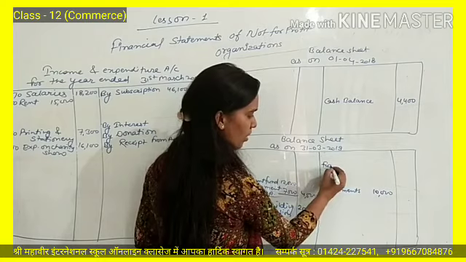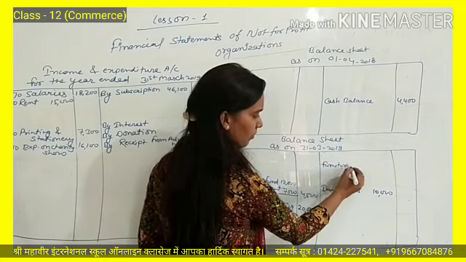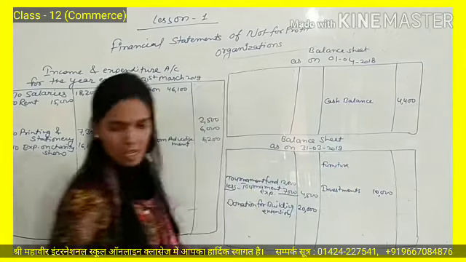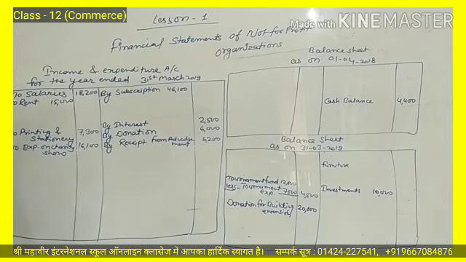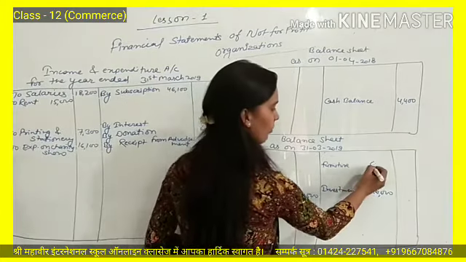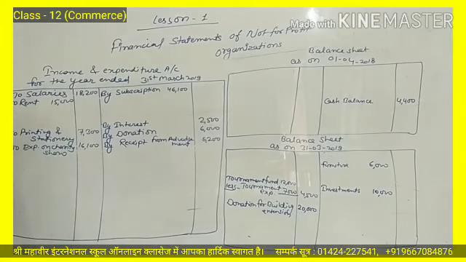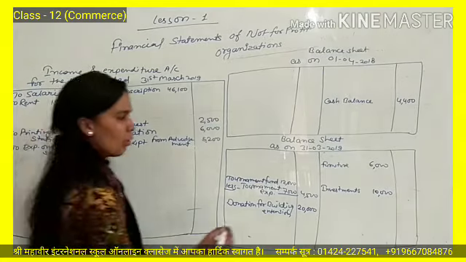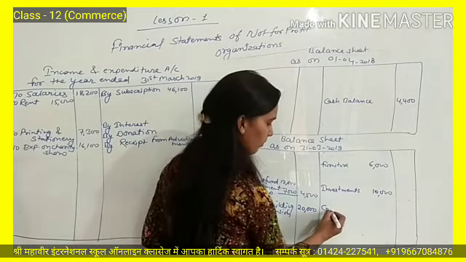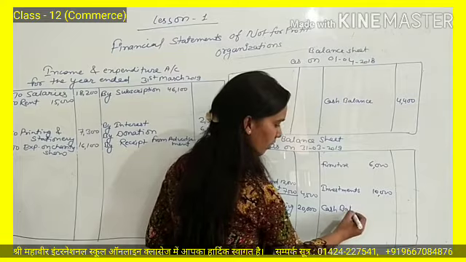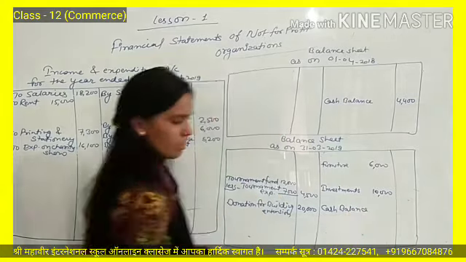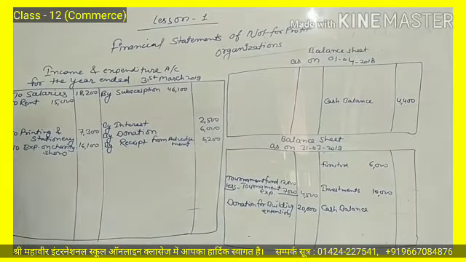I am writing furniture also in the inner column. What is the amount of furniture? 6,000. And then balance CD on 31st March. Balance CD means this is the closing cash balance. Cash balance, you have 16,100.